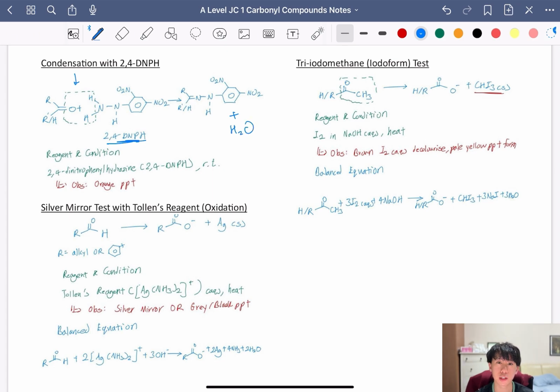And the reagents and conditions for this distinguishing test are 2,4-DNPH, to memorize the name as well, at room temperature. And why this is such a good distinguishing test for your carbonyl compounds is because it produces a very distinguishing orange PPT if the carbonyl is present.